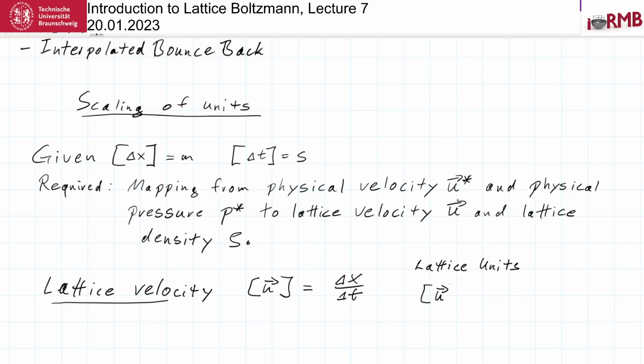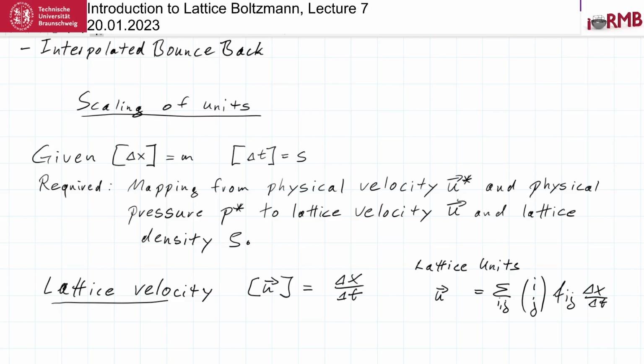We compute this velocity vector u, if we are in 2 dimensions, by summing over the indices i and j, with a vector c_ij, because this is going to be a vector, times f_ij, and here comes delta x by delta t. Why did I write this bracket? Sorry, this was of course nonsense.